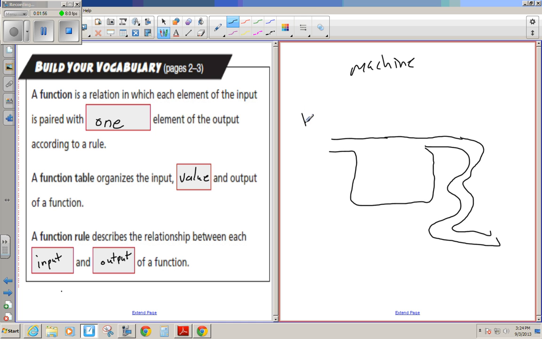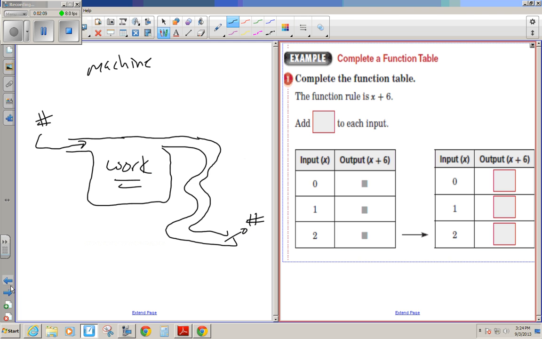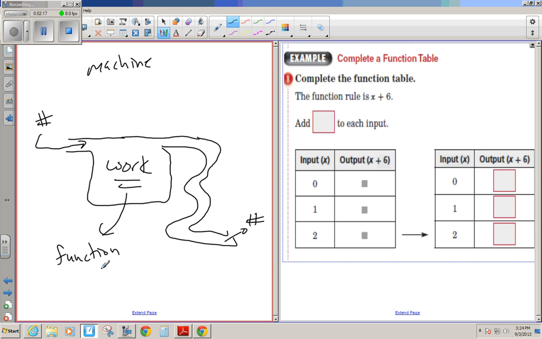You put some numbers into the machine, and it does some work, and then it spits out some new numbers. So basically, this work is your function rule.